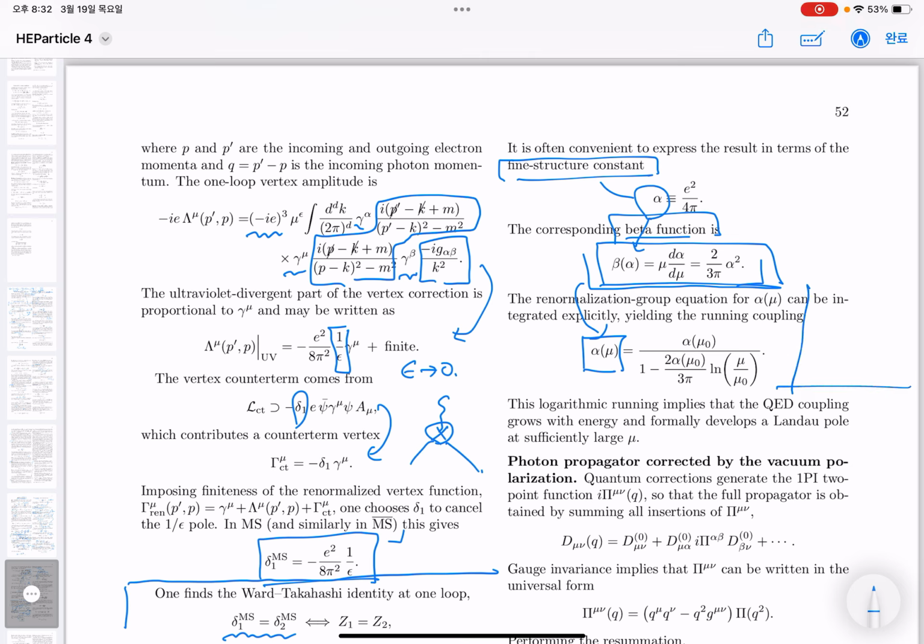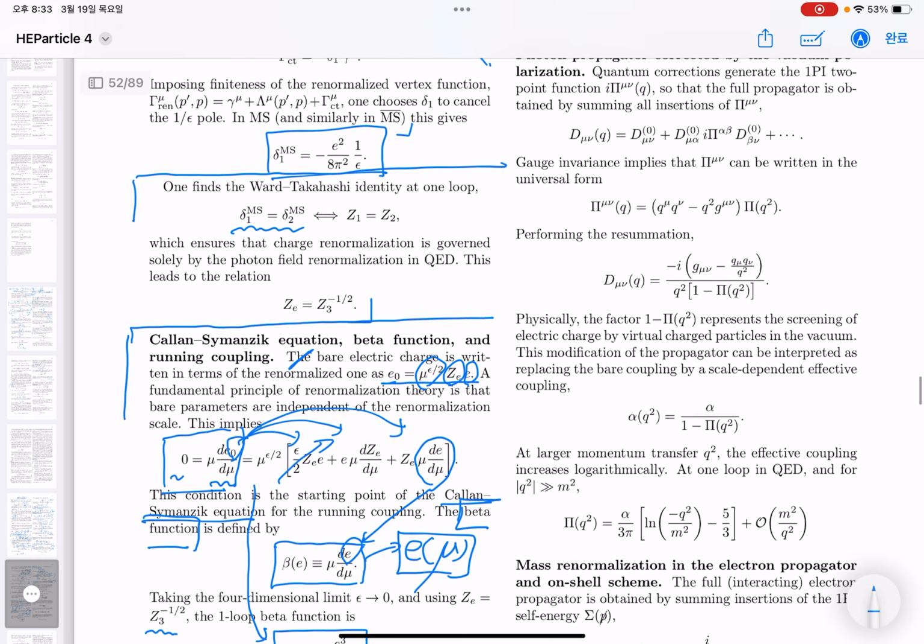So the electric charge or electric coupling in QED runs over the energy scale. It increases with logarithmic behavior, and at a specific energy scale, it diverges. This is called the Landau pole of QED.